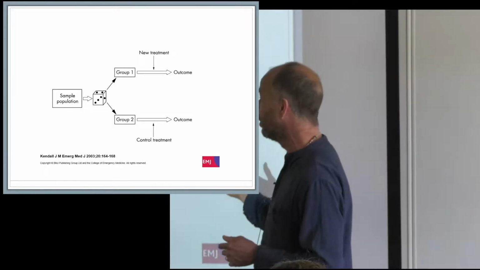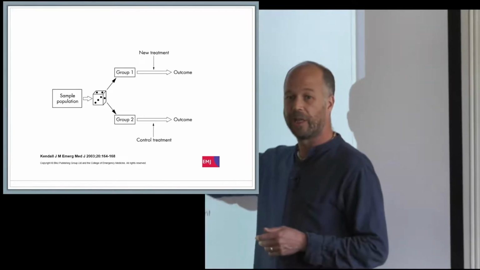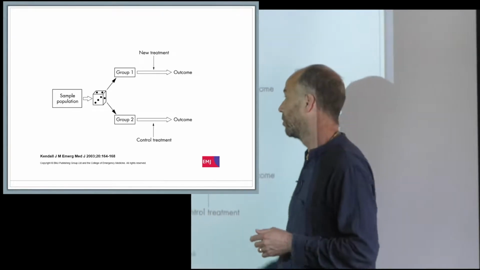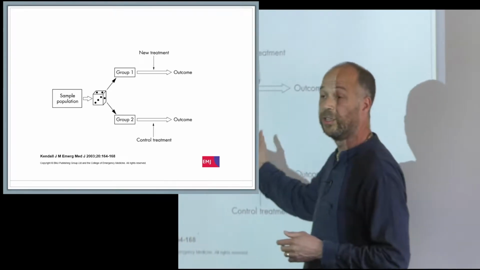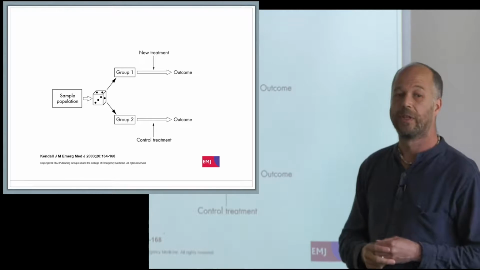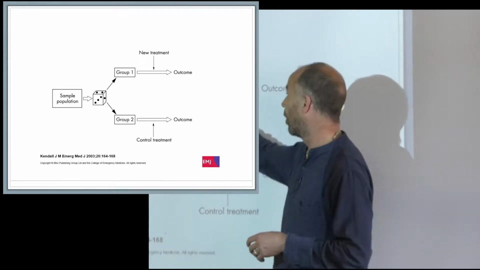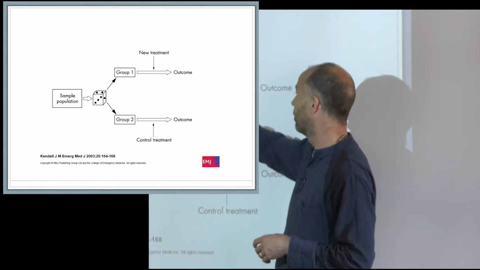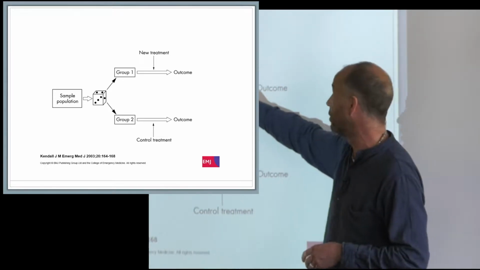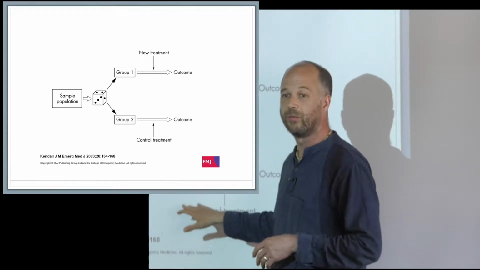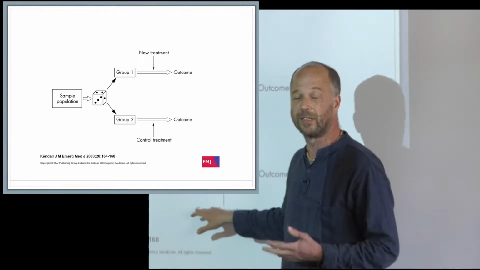So why do we need a process evaluation, and what is it? In a trial, you get a sample population, maybe people with diabetes or cancer, and you want to try out a new intervention. The group is randomized: group one receives the new treatment, and group two receives what's already in place, the standard care.